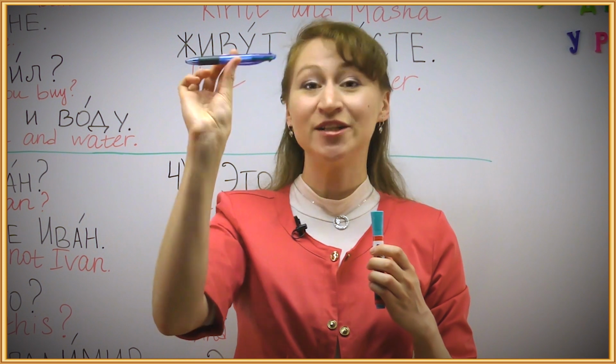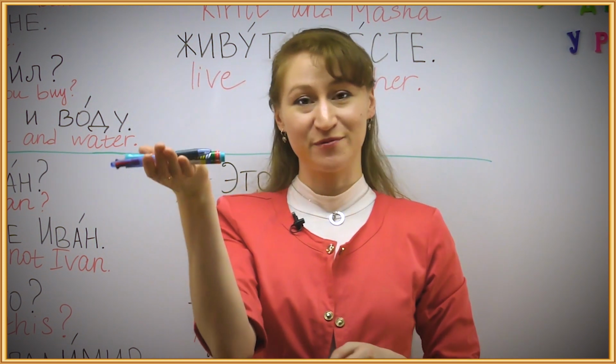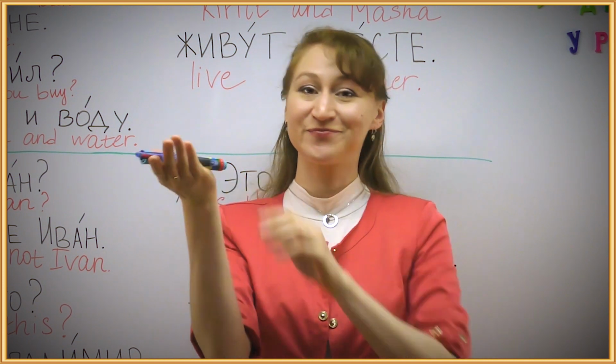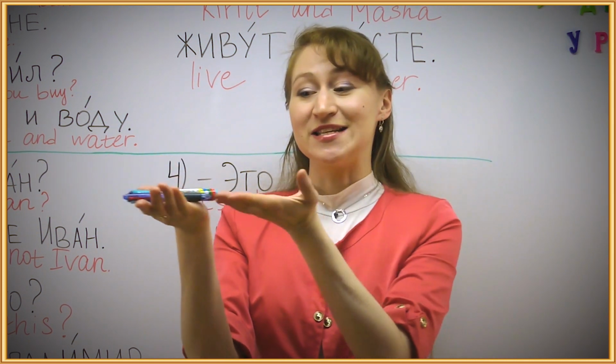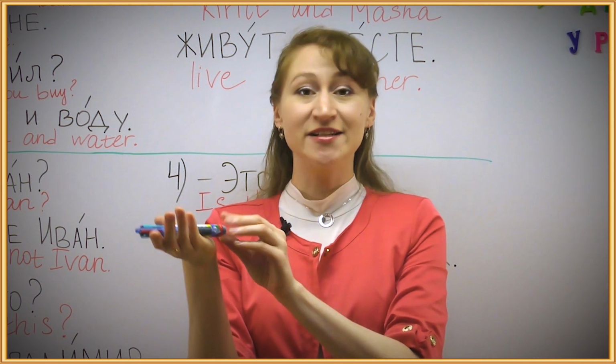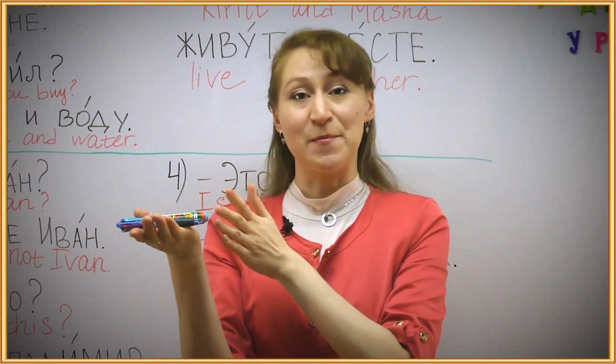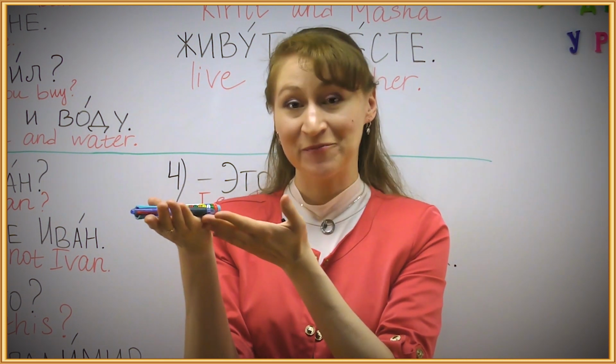А это ручка. Now, if I put both things here on my hand, I can say здесь у меня есть маркер и ручка. Here I have a marker and a pen.